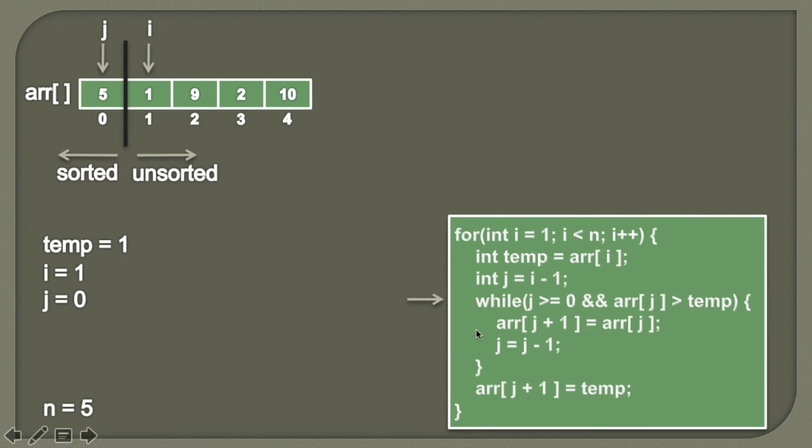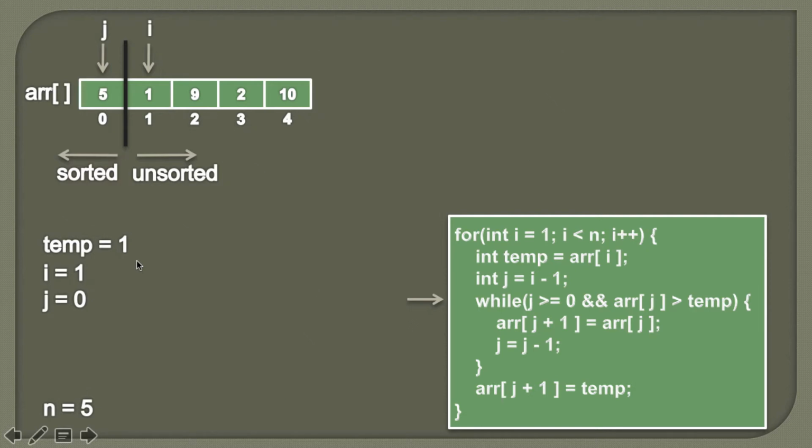So friends, now we provide a while loop because we want to compare this element with each and every element in the sorted part, and all the elements which are greater than this element, we shift by one position so that there is a space where we can put this element.